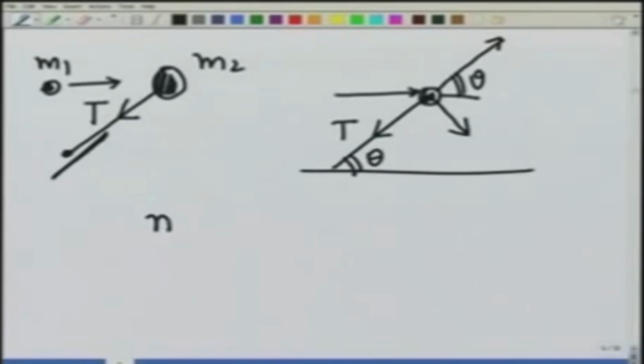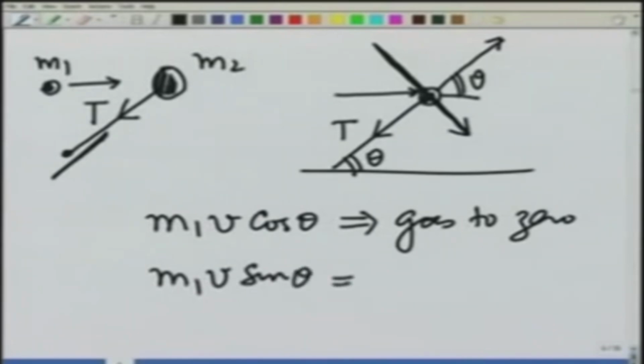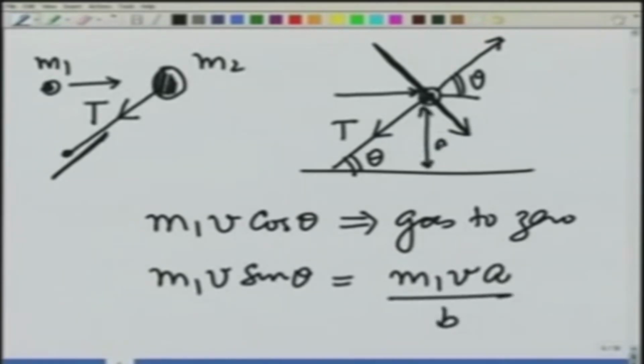So, the initial momentum component m1 v cosine theta will go to 0 because of this force T applied by the rigid rod, and the only component that will survive, because there is no force in this direction, will be m1 v sin theta, which will be equal to m1 v a divided by b, where a is this distance as I said earlier, and b is the length of the rod.